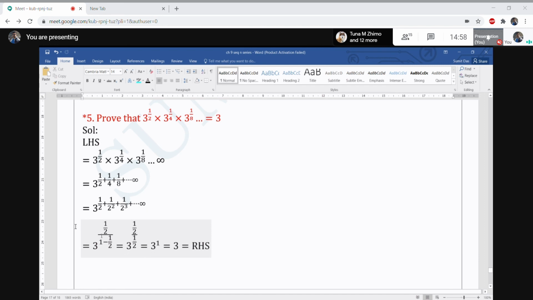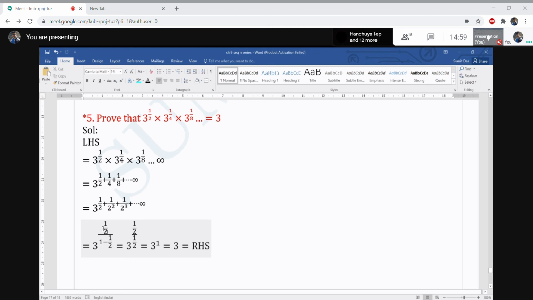So for the sum, just put in the formula. Otherwise you can copy this one as Sn, find it separately and put it here again. Then no problem. Otherwise you can do it like this. So you can see 3 to the power, the numerator is 1 by 2, the denominator is 1 minus 1 by 2, a divided by 1 minus r.